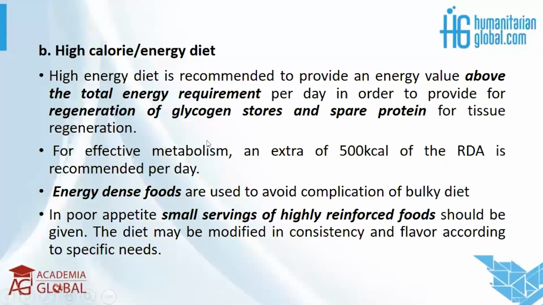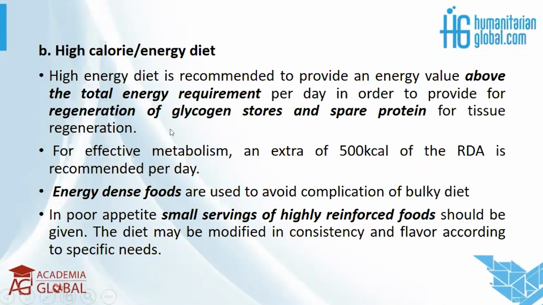The other one, energy modification, is when we have a high calorie diet or a high energy diet, and this is recommended to provide an energy value above the total energy requirement per day in order to provide for regeneration of glycogen stores and spare protein for tissue regeneration.